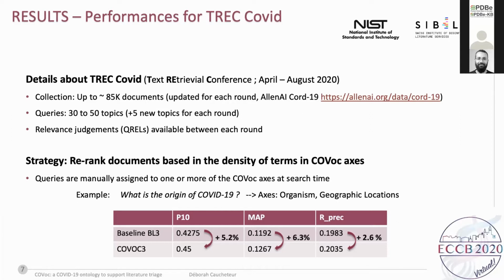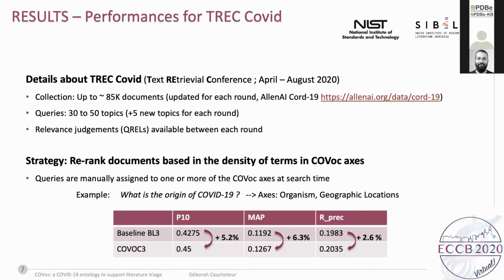We have tested several strategies, and one of these relies on document re-ranking based on the density of terms in COVOC axes. For each query, each topic, we assigned manually one or more COVOC axes.